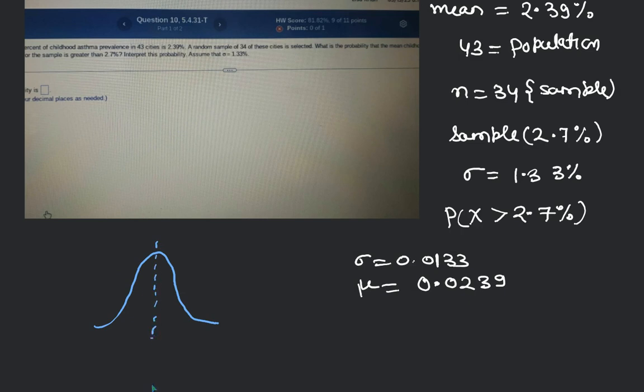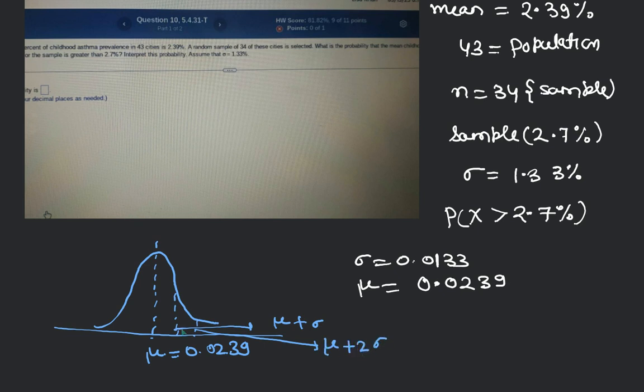Okay, so if it is normally distributed, then mu equals 0.0239. The first standard deviation is mu plus sigma, and the second is mu plus 2 sigma, and we have to find x that is greater than 2.7%.